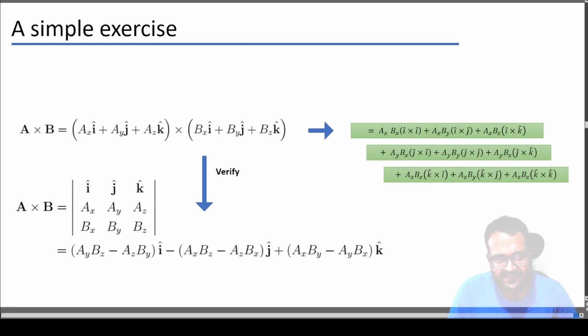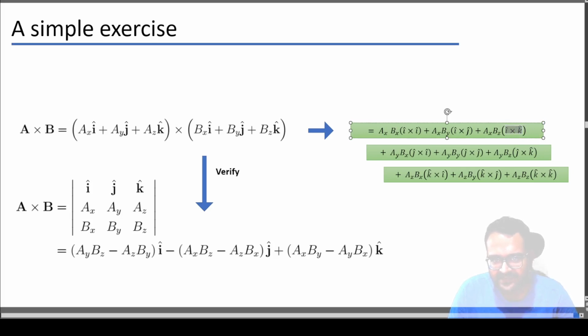Now it's just to verify your A cross B. If you have A written as components and B written as components, if you do a cross product of it, it will be like AX BX i cross i cap plus AX BY i cap cross j cap plus AX BZ i cap cross k cap.